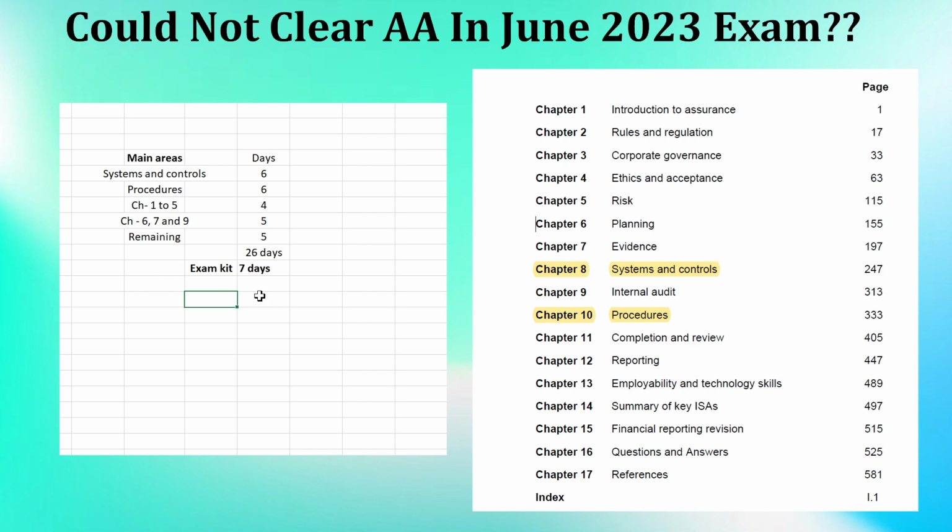Now how you are going to handle this exam kit is by simply reading the questions. Then for the first few questions, just read the examiner's solution. Understand how he writes the answer, how he wants you to write the answer. Then on the same questions which you have read the answers for through the exam kit, write your own answer so that you can actually meet the expectation of the examiner.